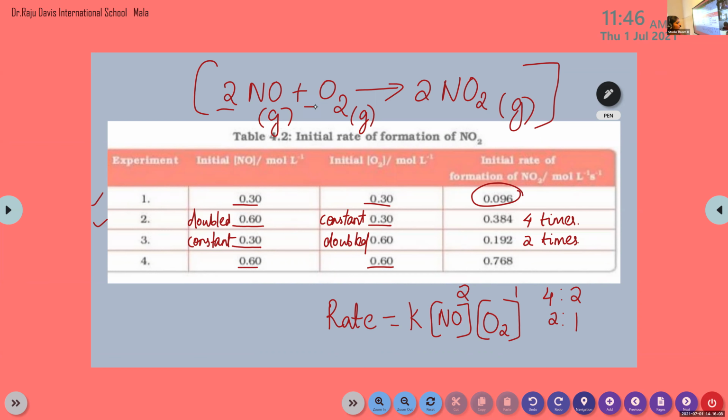Aditya, is it same or not? Same, right? So in this case, the powers of each concentration term are equal to the stoichiometric coefficients in a balanced chemical equation. This is clear?